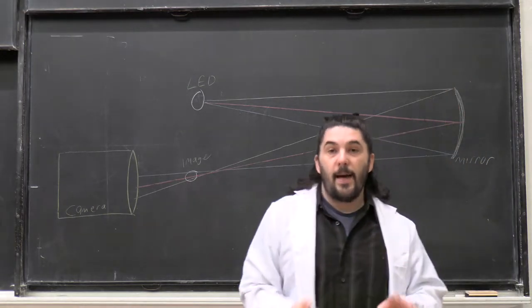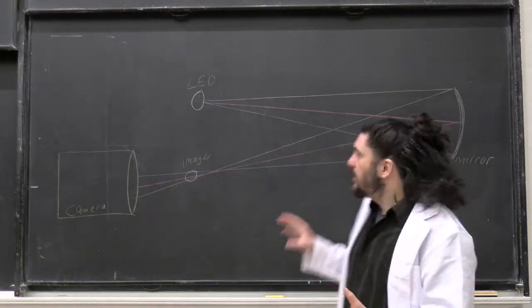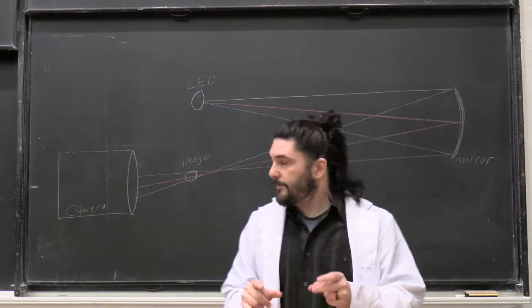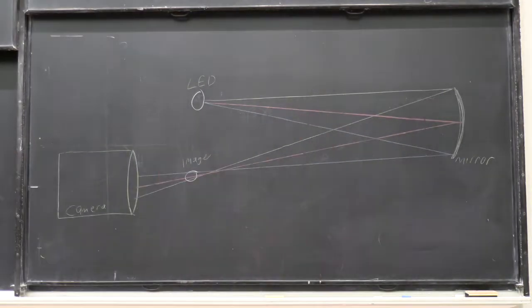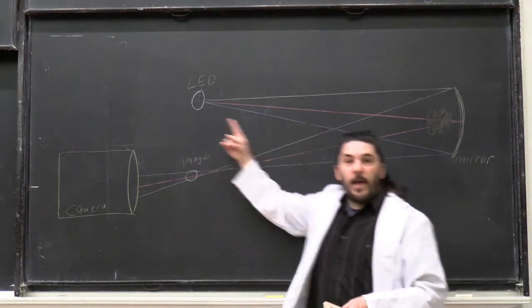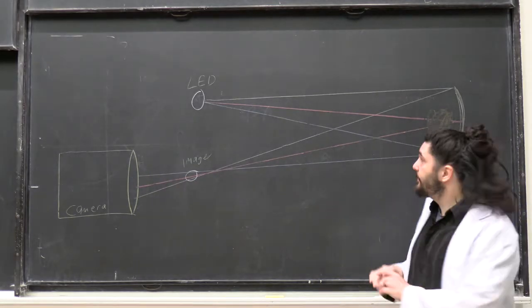Now, what happens if we put something really hot right in front of the mirror to create this volume of hot air? The light ray that goes through this hot area is going to refract.